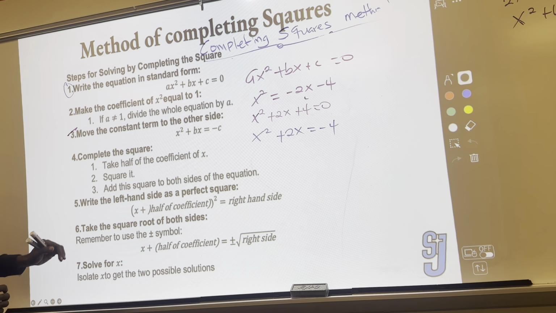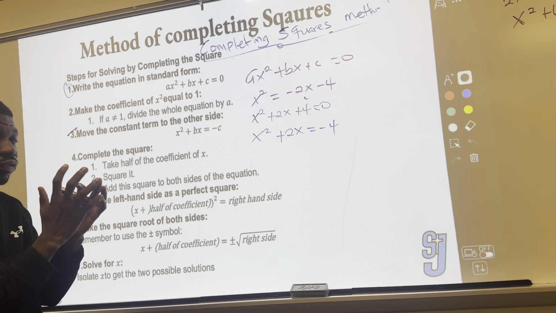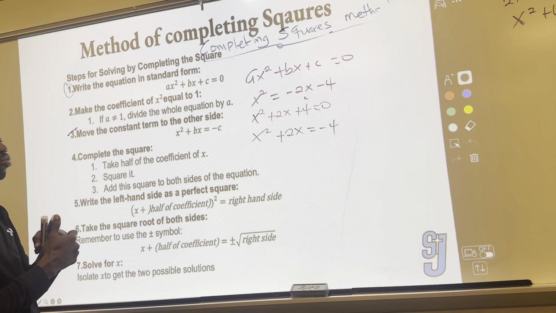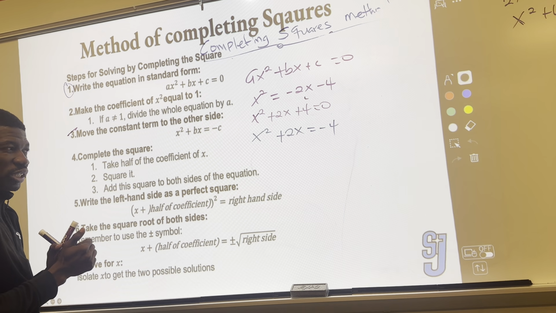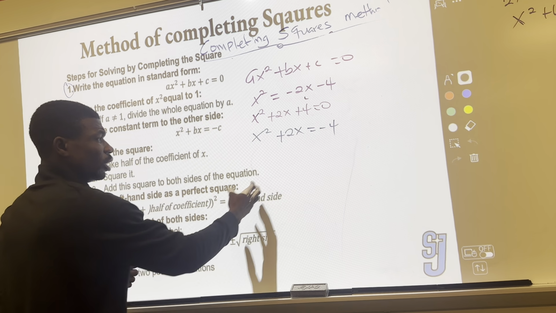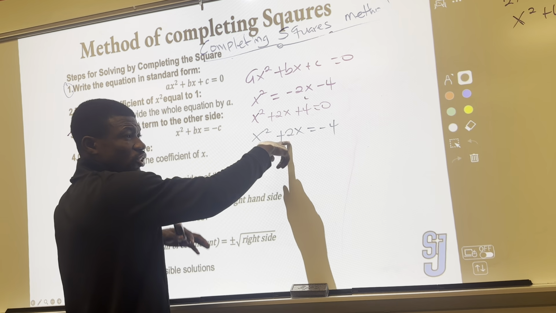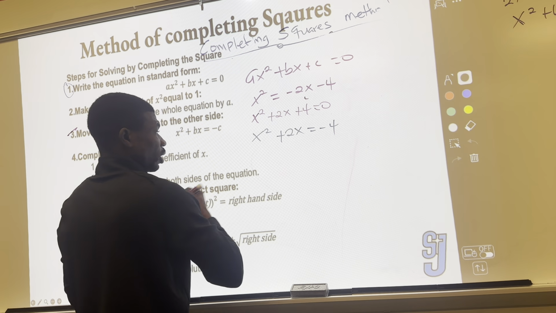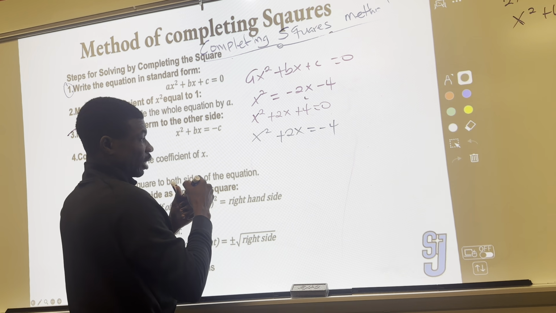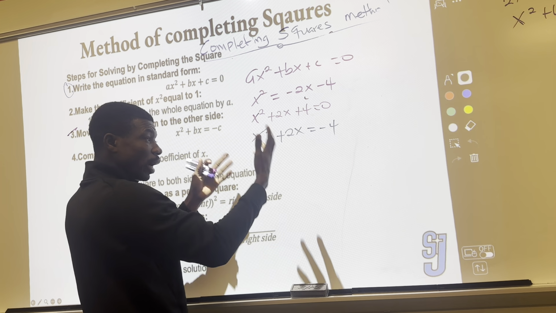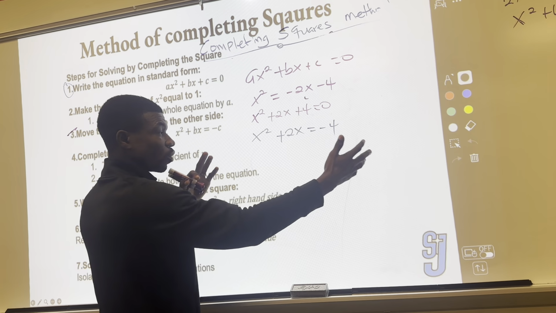The fourth step is three different operations put together. And so what are the operations? The first one says pick the coefficient of x, which is always b, divide it by 2, square it, and add it to both sides of the equation.